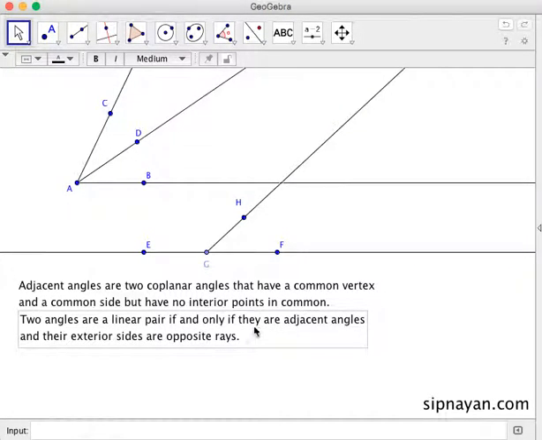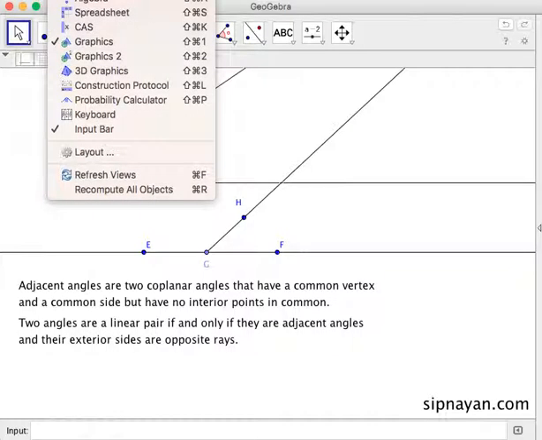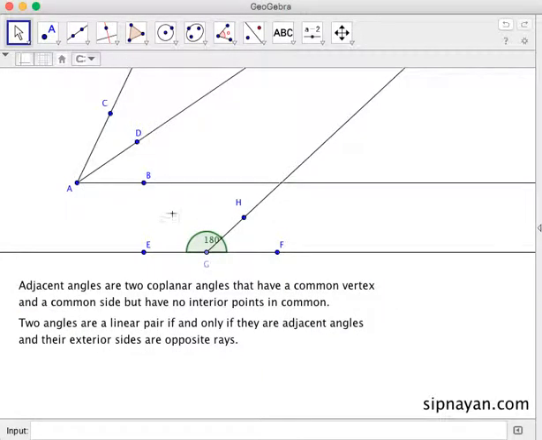Okay, so I think I'll make this also medium. And lastly, from the previous discussion, alam natin that if two angles are a linear pair, syempre since yung exterior sides ay opposite, of course, they add up to 180 degrees, no?